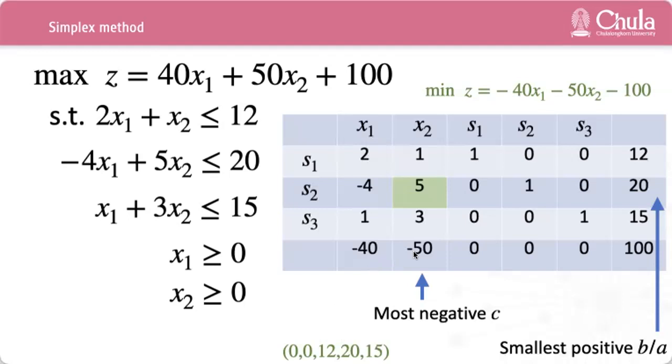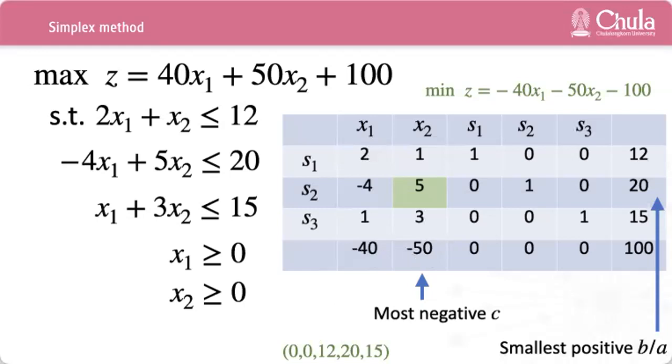And you see that if we look at the coefficient of the objective function, now x1, x2 are 0, but the coefficients of x1 and x2 are both negative.